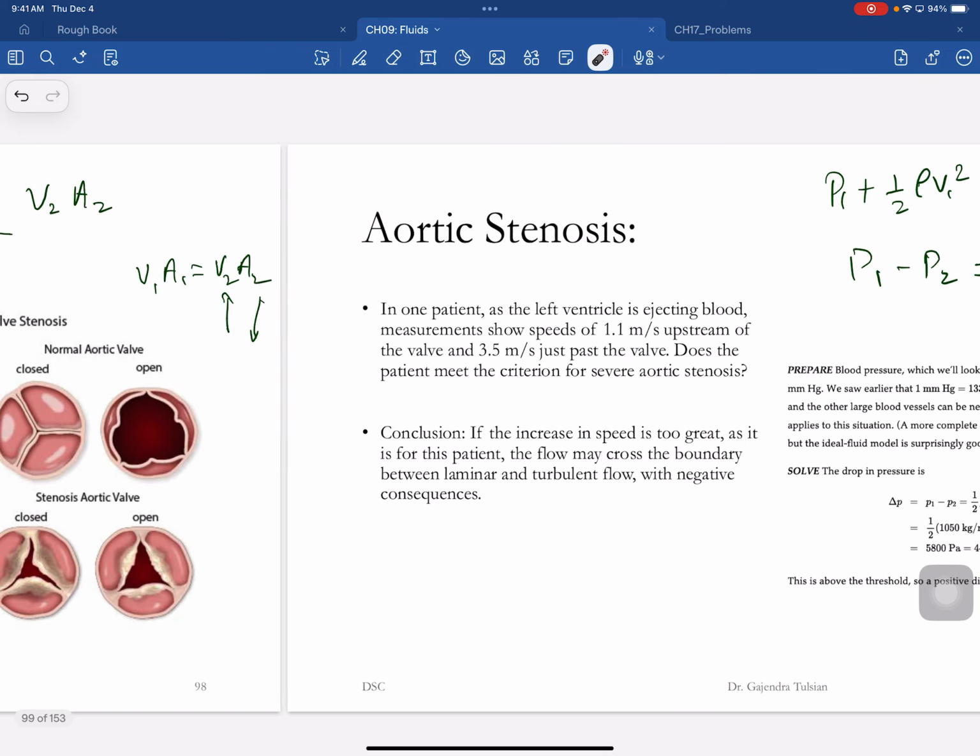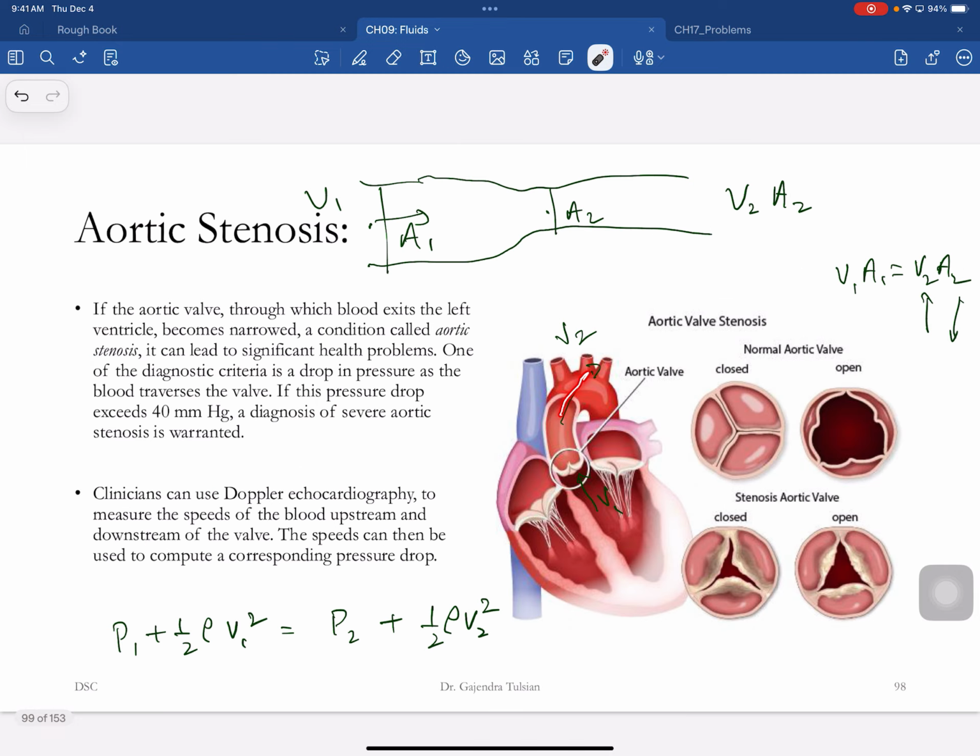And if this blood flows too fast, it becomes turbulent, which you can hear using a stethoscope. So whenever a doctor uses a stethoscope, what they're listening for is if the blood flow is turbulent.